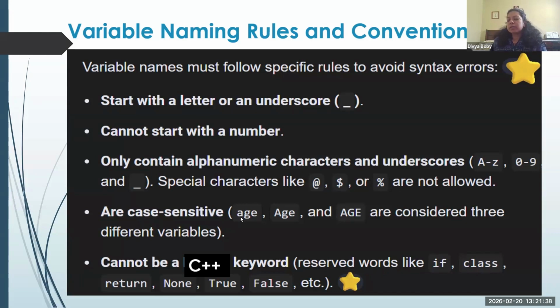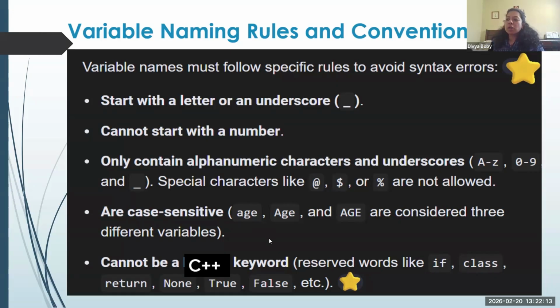And the variable name is case sensitive. That means if you give a name in lowercase, age, for a variable, and then you try to use uppercase A and lowercase ge, these two will be considered two separate variables. Same with all uppercase AGE, which will be a different variable. So all three of them will be three different variables. You have to make sure you take into consideration if there's any uppercase letter in it.